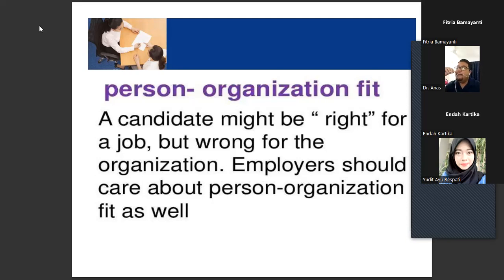But maybe that organization, during interviews or recruitment and selection, is aware that you would not be a fit, because maybe you are a lady, or this job is suitable for men, for the cowok, right? So this means some candidates might be right for the job but wrong for the organization.